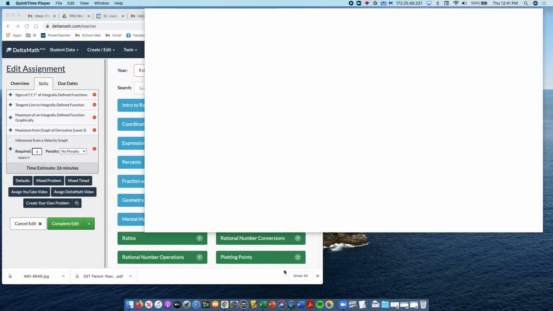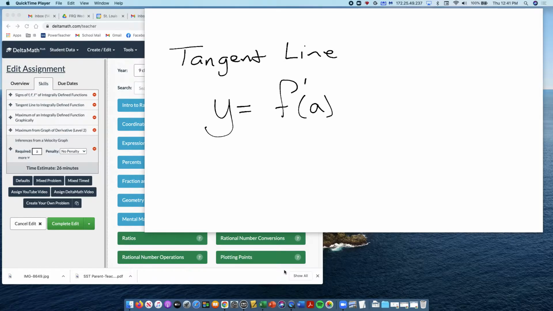So first of all, I know you've written it down several times, but a tangent line, the way we can write it is y equals f prime of a. And remember, f prime of a is generic. It's not necessarily referring to anything.